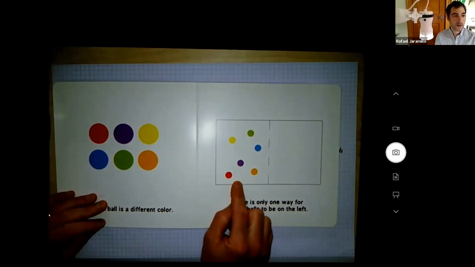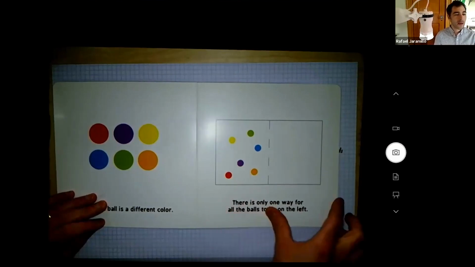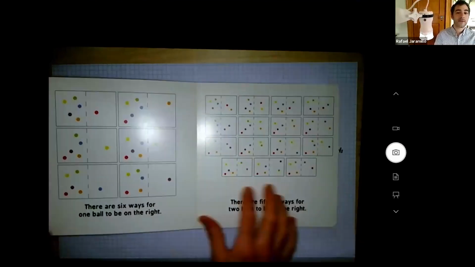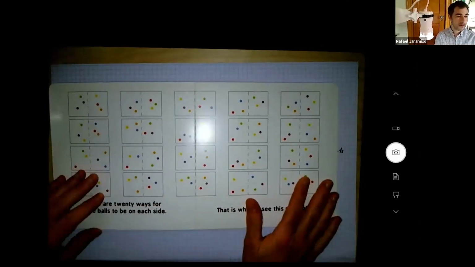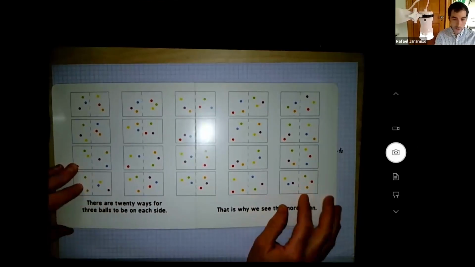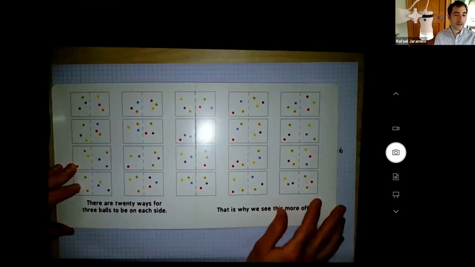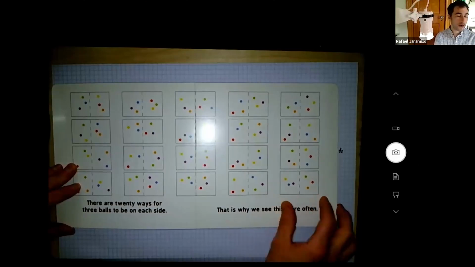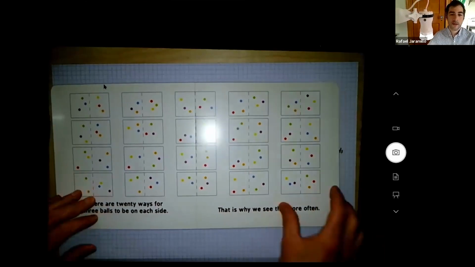So the balls do not know what they are doing. They do not care about any of this. They move at random. But somehow from their collective behavior, some simple rules emerge, and you're far more likely to find this scenario. And 20 over 64 is not a very large number, but that's only because we're dealing with 6 balls in 2 compartments.